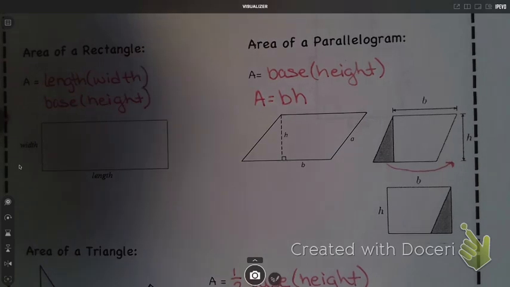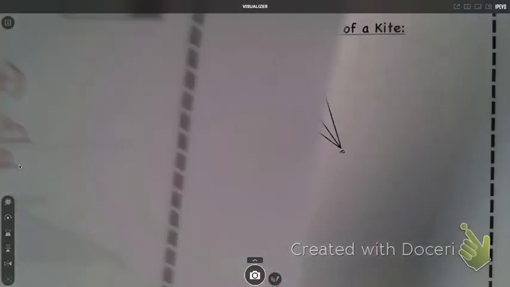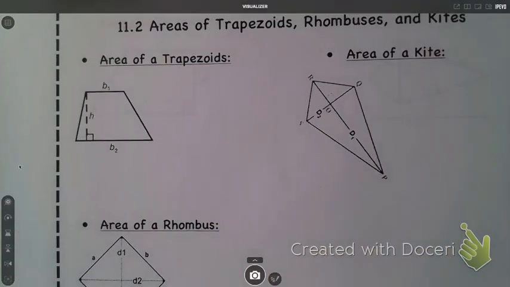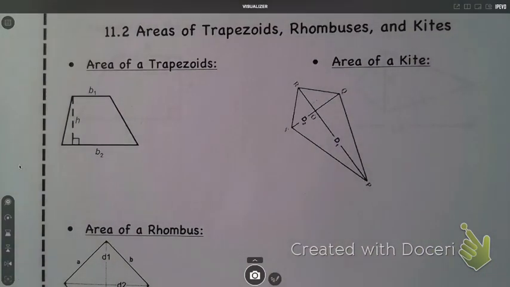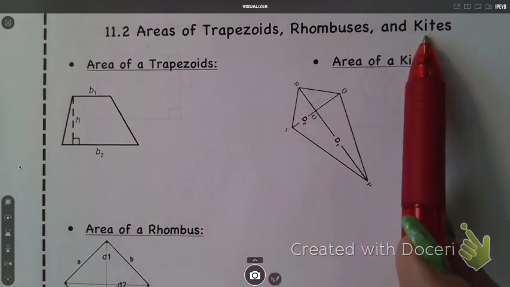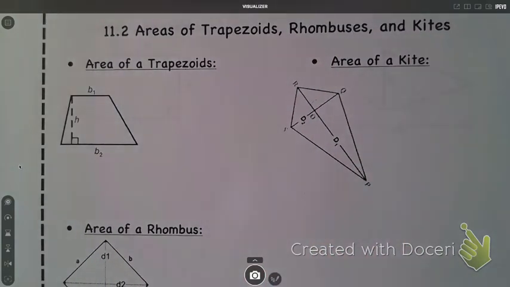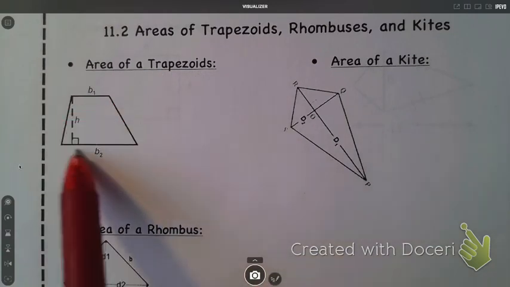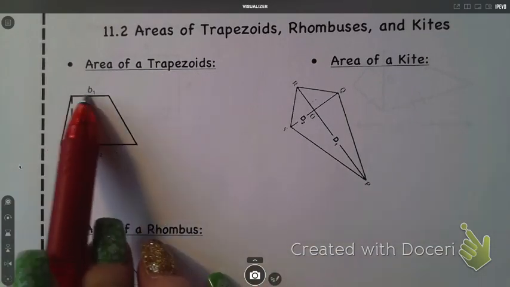Okay, so we're going to go to your 11.2. We're going to come back to examples, but we're going to go to your 11.2 and get your formulas first, okay? So these are ones you probably haven't used before. We have trapezoid, rhombus, and kite. Okay, so here is my trapezoid. We have 2 bases, correct?